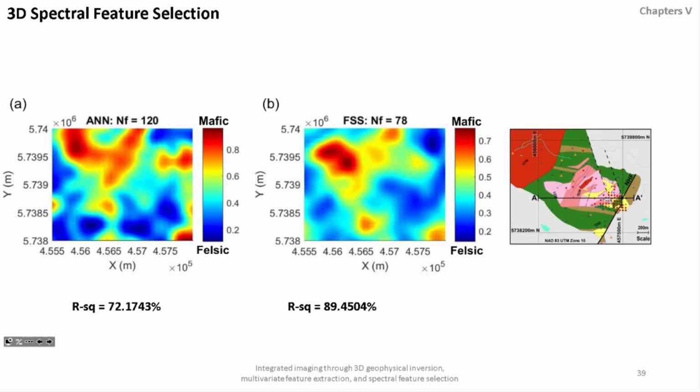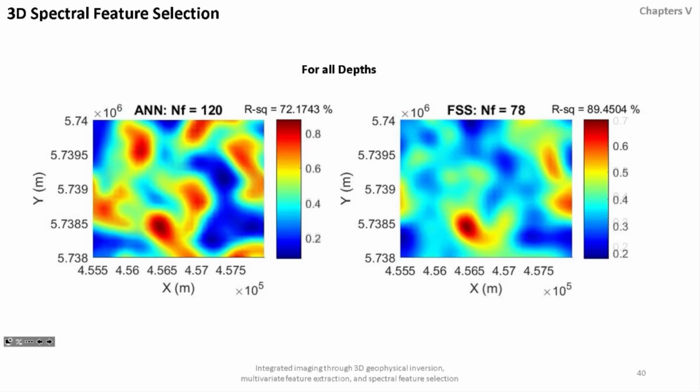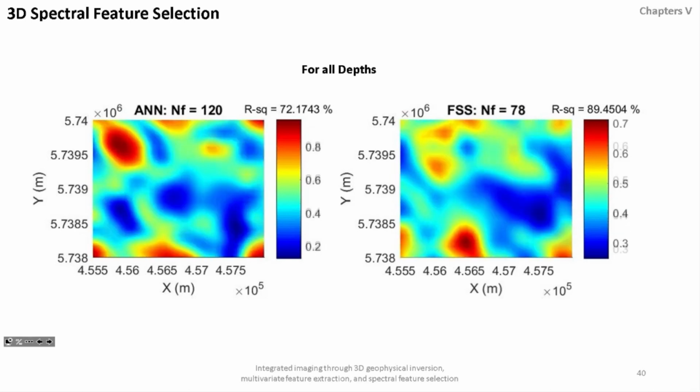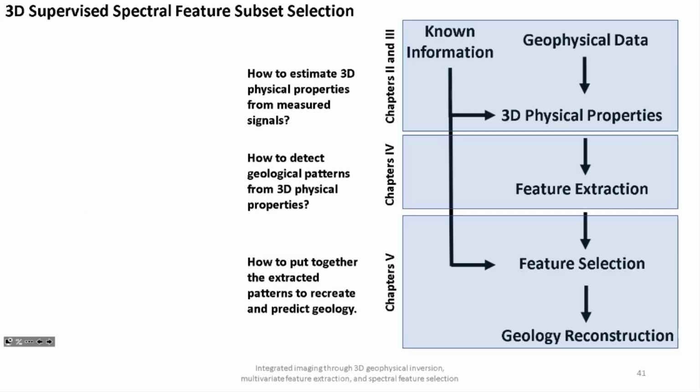The dioritic intrusion is mapped clearly as red color, and the mafic rocks are presented as green. The blue color indicates the felsic rocks that are hosts of the gold mineralization. And here, for all depths from deep to shallow, the lithotype predictions are also presented.